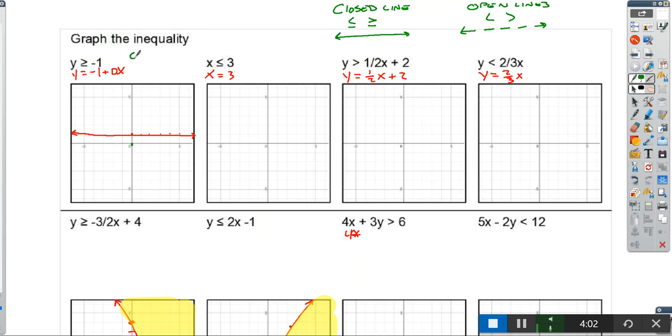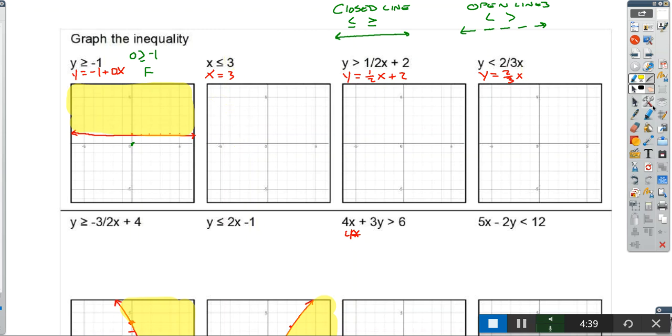When I do that, I get 0 is greater than or equal to -1. Now that is a true statement. No, but it's not. It is a false statement because 0 is not bigger than -1. So since this is a false statement, I know that 0, 0 is not going to be in the solution set. Therefore, when I shade, I need to shade the region that 0, 0 is not in, which would be above the line. So there we go.